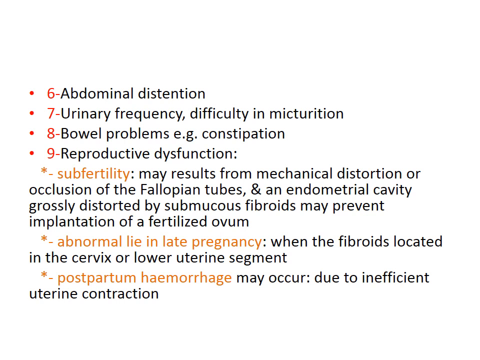And this will be in the form of subfertility, especially when the fibroid is pressing on or distorting the fallopian tubes, or when it is a submucosal one, preventing the implantation of a fertilized ovum. As well, it might lead to an abnormal lie of the fetus at term, especially when it is located in the lower uterine segment or in the cervix.